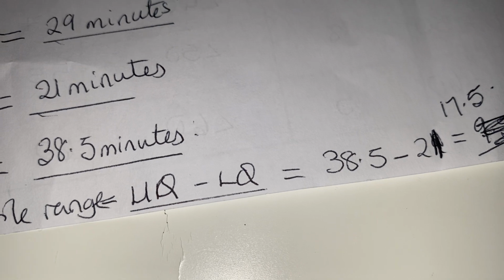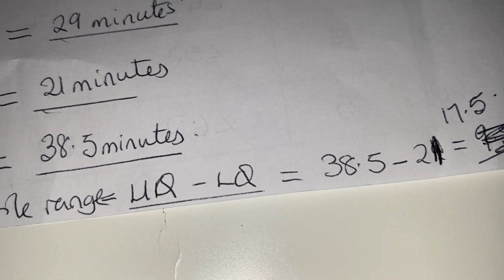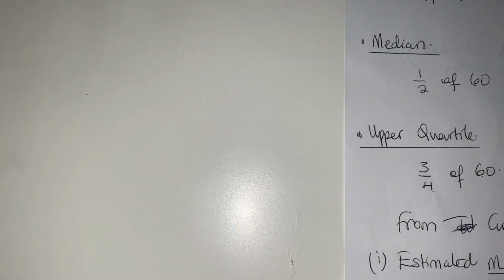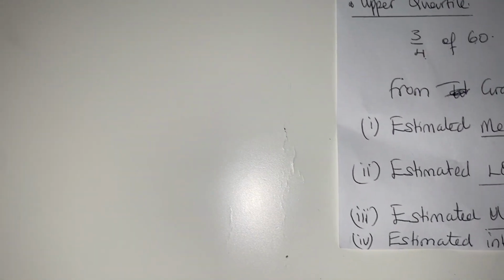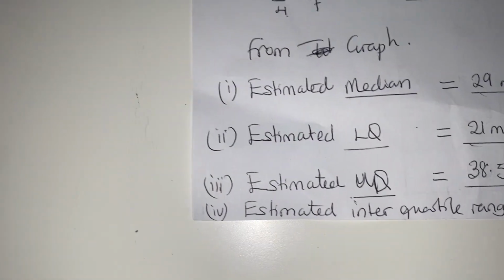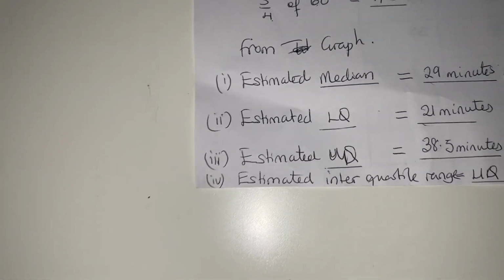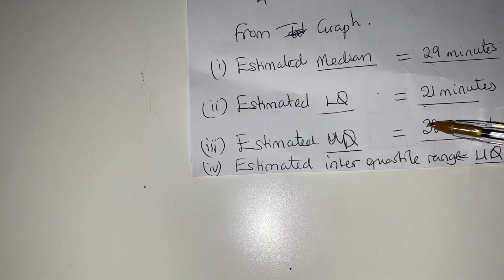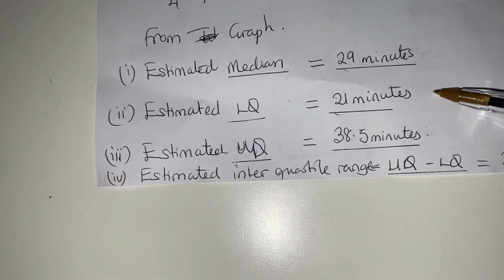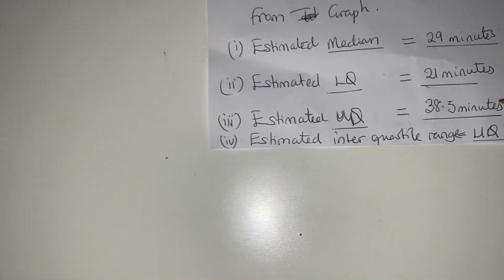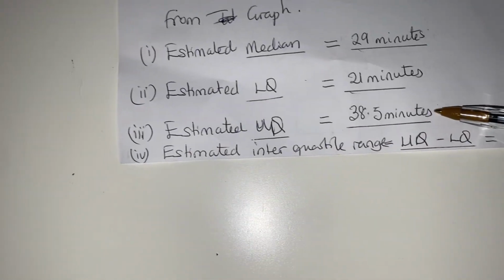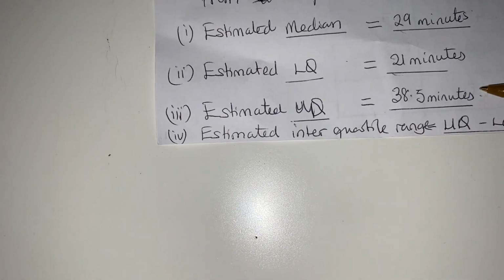So after doing that, what I got is, they said I should find the median. So the median is 29 minutes from my graph. The estimated lower quartile is 21 minutes. The upper quartile is 38.5 minutes.